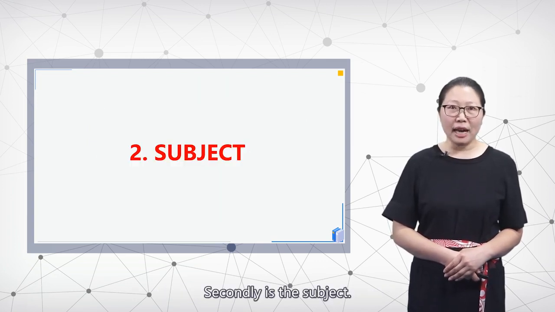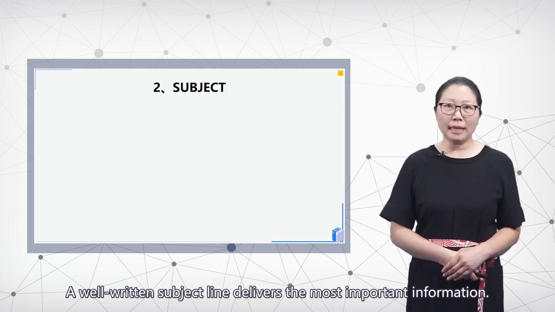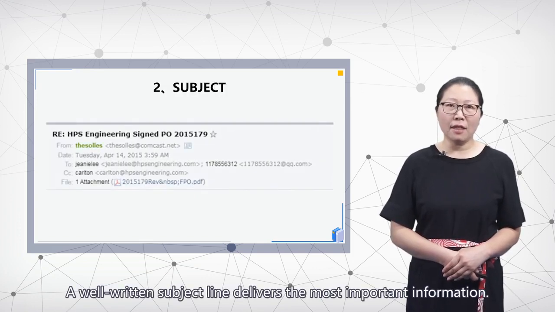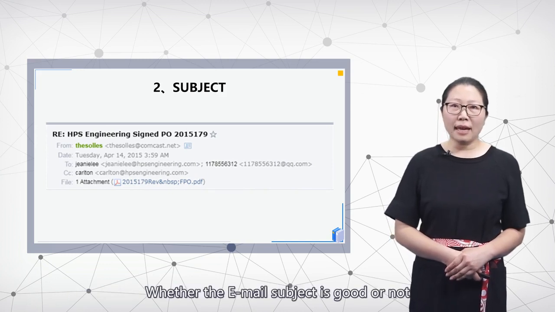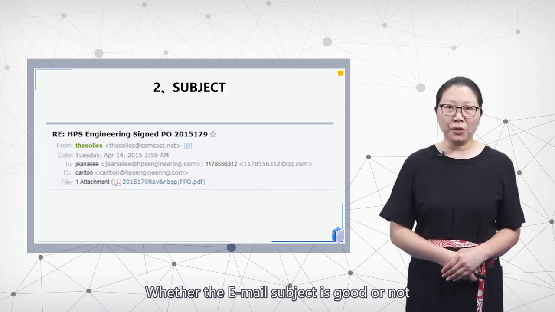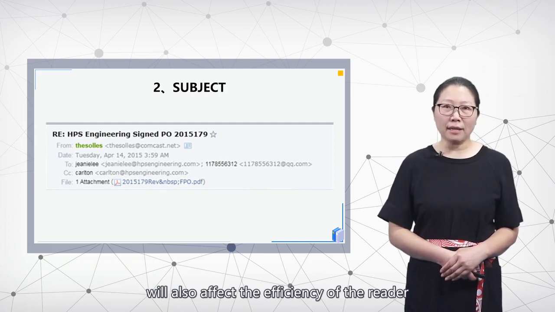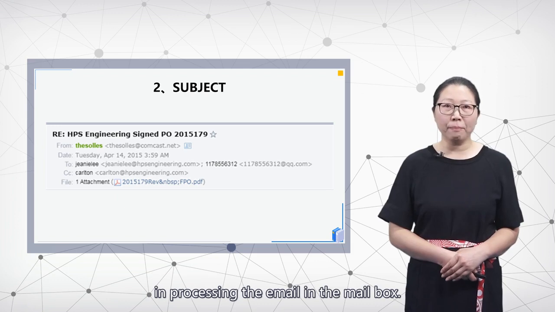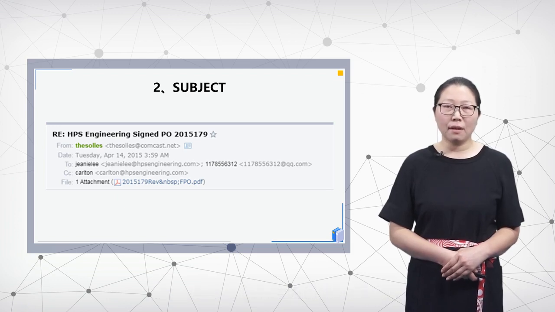Secondly is the subject. A well-written subject line delivers the most important information. Whether the email subject is good or not will also affect the efficiency of the reader in processing the email in the mailbox.